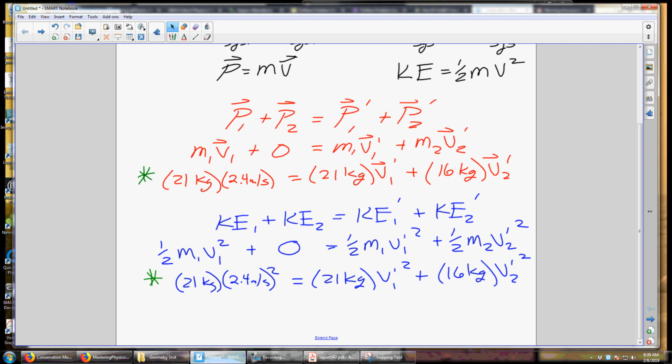So now it's just algebra. I think I'll use Wolfram to do it, quite frankly. I could solve one of them for, say, V1 prime, substitute it into the other one, then I'd have just one unknown there and solve that and go back. I could do all that.